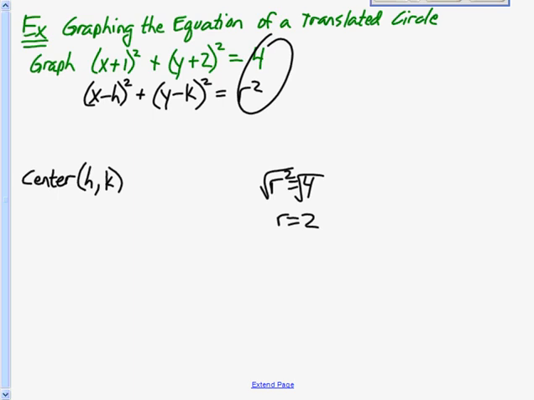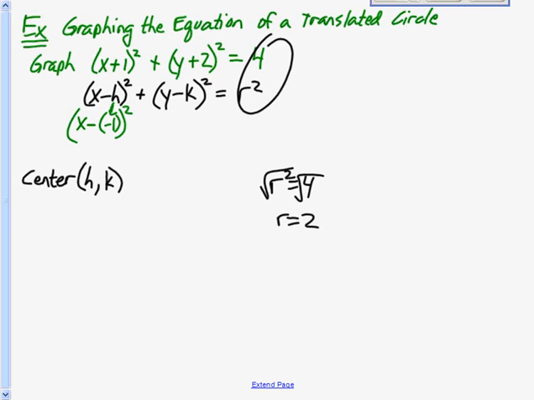So let's look at this thing. What would h have to be if you've got x plus 1 in place of x minus h? Well, h must be negative 1. Another way to think about this: isn't x minus a negative 1 really x plus 1? So h is the value right after the minus sign.